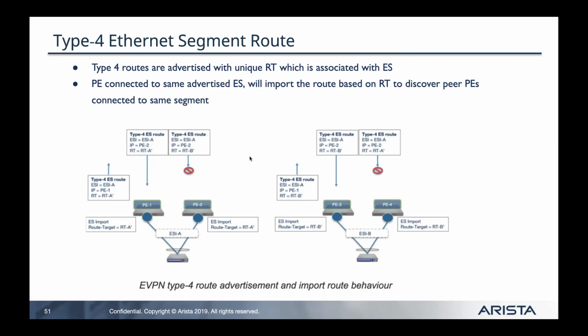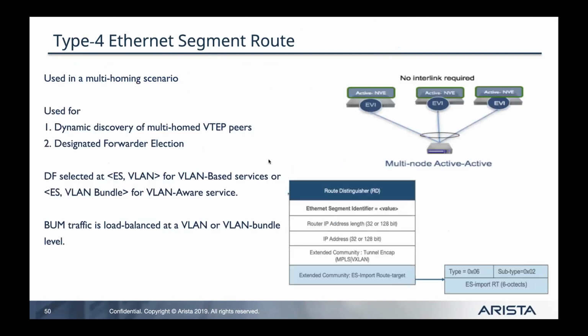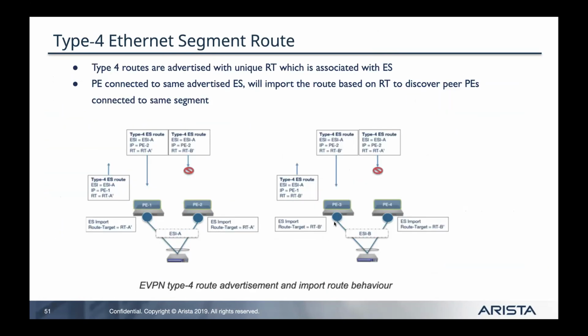Hey Vishal, I just lost something there. The type 4, how is this different from type 1 in terms of the information we are sharing? Okay, that's a good point. Let me show you the type 4 format. One minute.